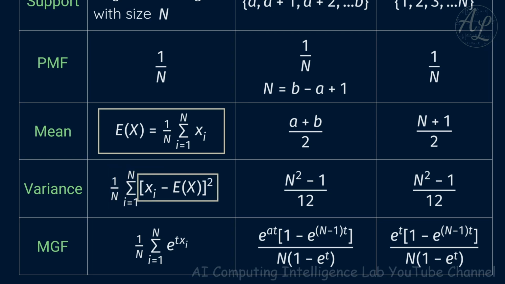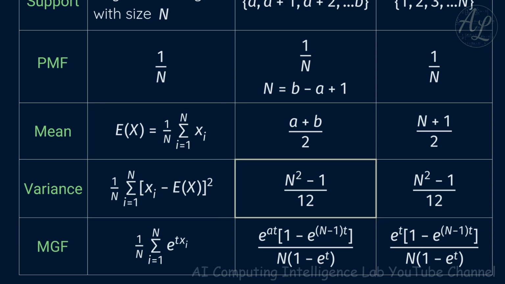The variance is actually the average squared distances of the values from their mean. For the consecutive case, we have this expression, and it is dependent only on n. If a and b are the only parameters given, instead of n, then n can be determined again using this expression as discussed.